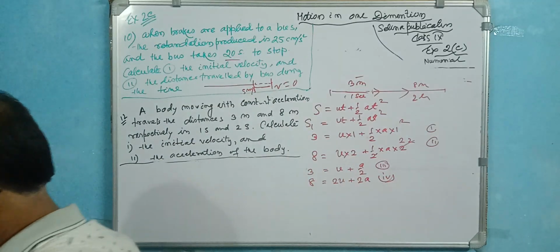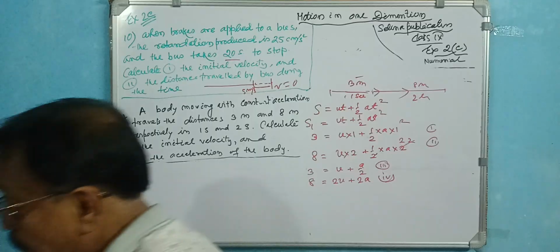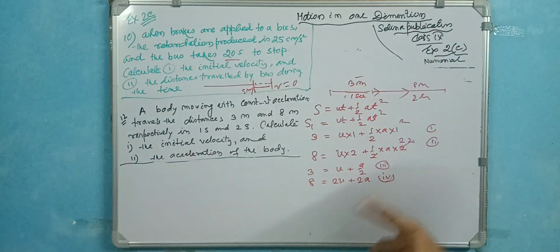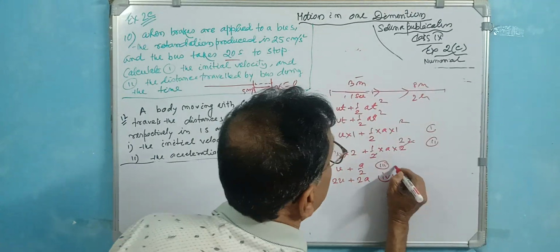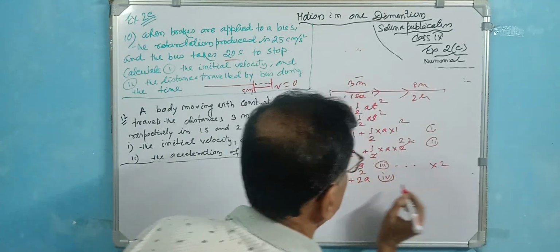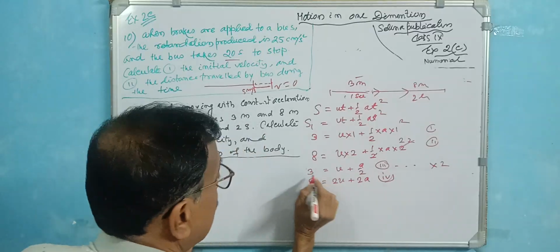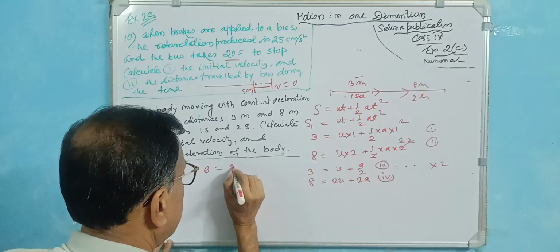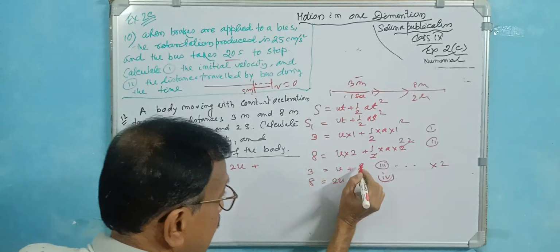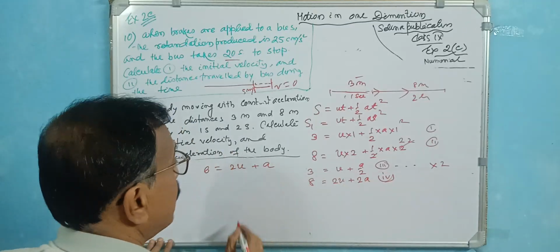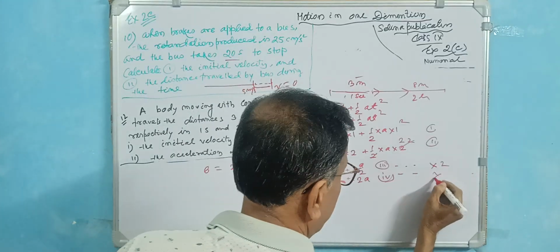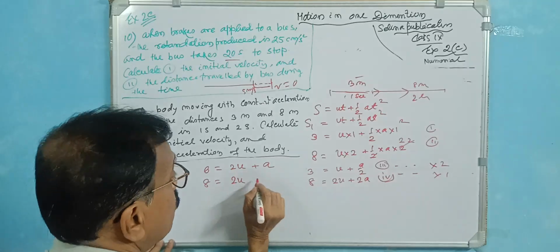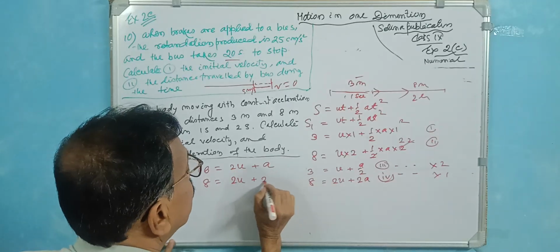Now in that case, actually to solve, you apply the elimination process. You just multiply equation 3 by 2. 2 times 3 is 6, that is 2u, and a by 2 times 2 is actually a. And here is 8, 8 is equal to 2u plus 2a.